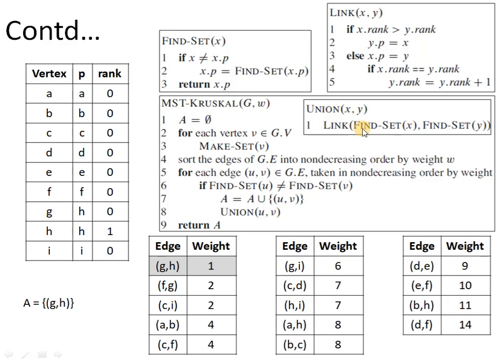So if we look at this function union x comma y, we are giving x equals G and y equals H, and then accordingly this function will be called, and the rank of y, that is H, will be increased by 1, and also the representative to which the vertex G belongs is now updated to H. So with this we are done with the edge GH.